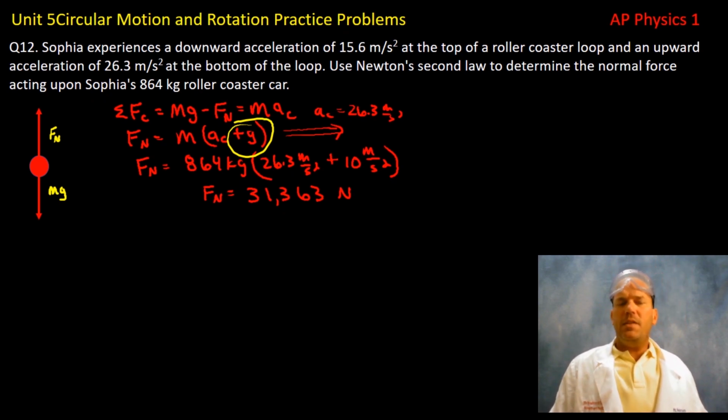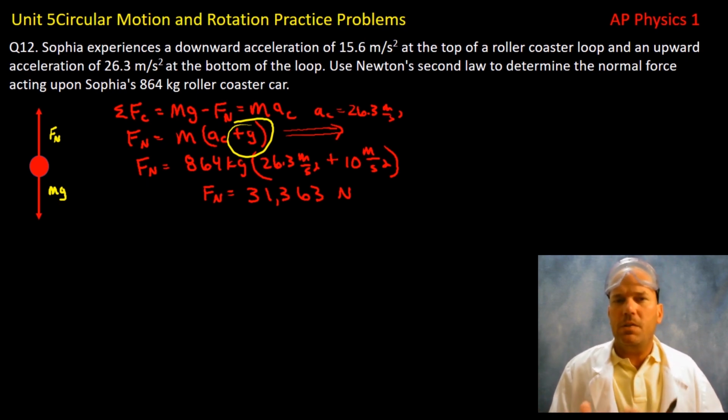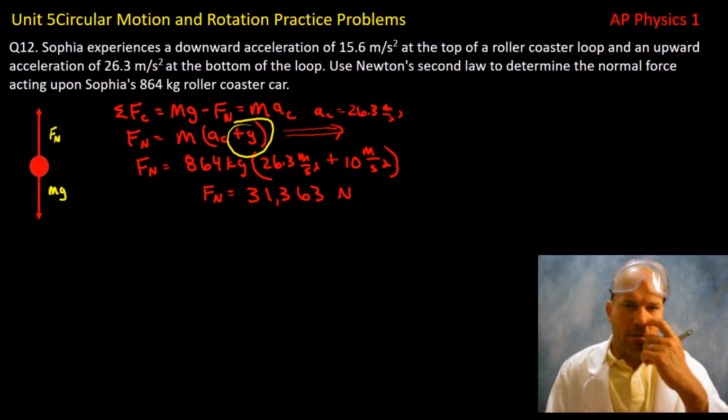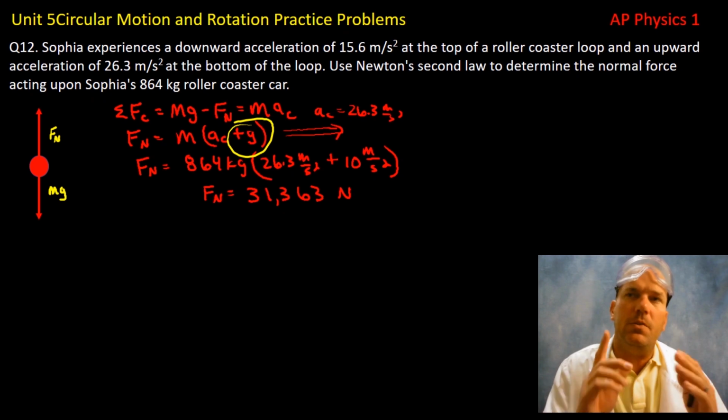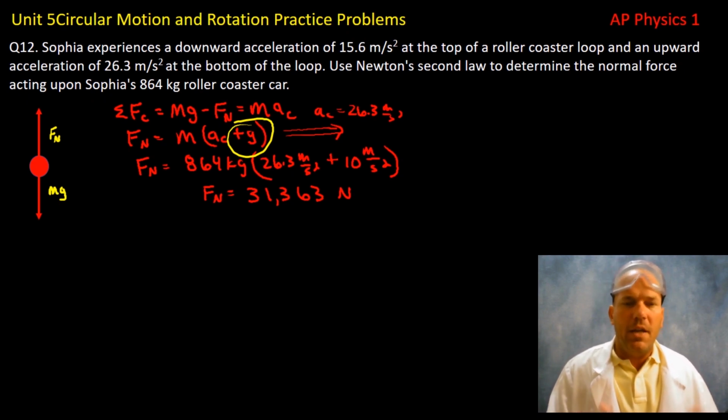So in this scenario here, we have one center-seeking force that is force normal. Force normal is up, which is in the direction of the center of our circular path, and we're subtracting the force of gravity, and in this case here, we get a value for force normal.